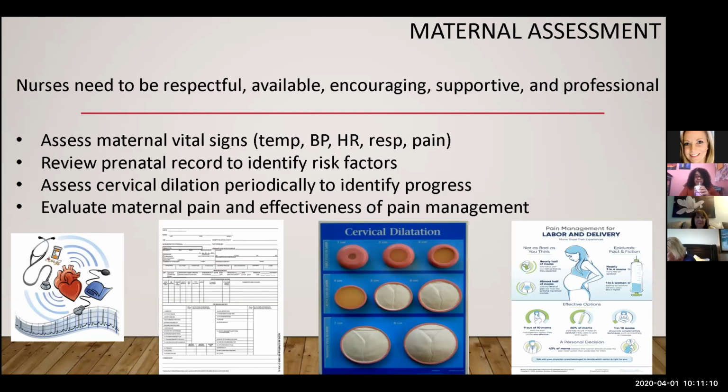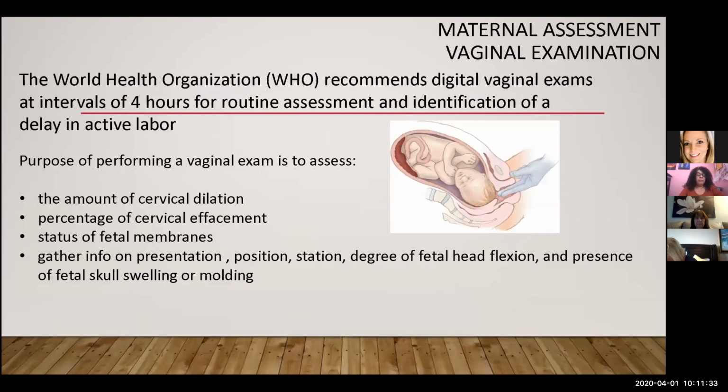So it's just something that we don't need to know in order for labor to progress. But it is helpful information to help us identify and prepare for any risk factors for arrested descent and so on. So we evaluate maternal pain and the effectiveness of pain management as well.